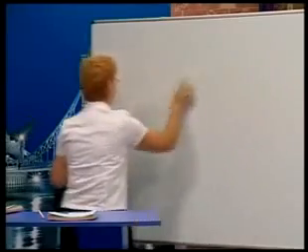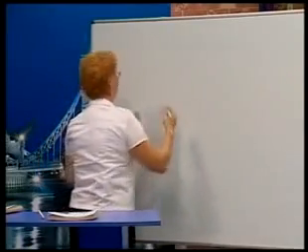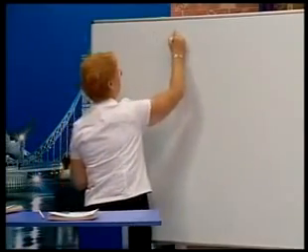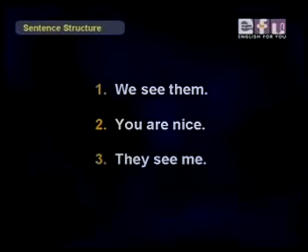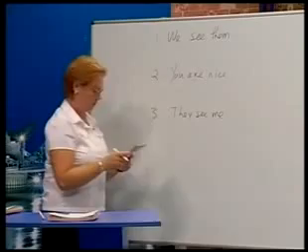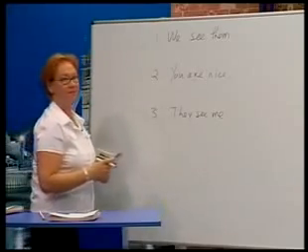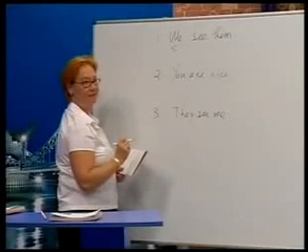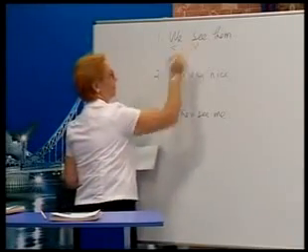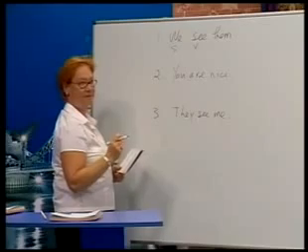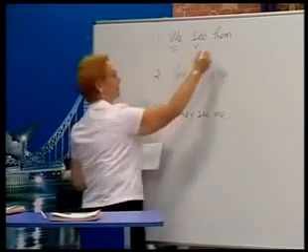Okay, now a little bit more practice. Get 3 more sentences and then you can tell me what they are. Okay, here's one. And here's the third one. Okay, Lisa, you do number 1. We is the subject, see is the verb, them is the object. Yes, good.